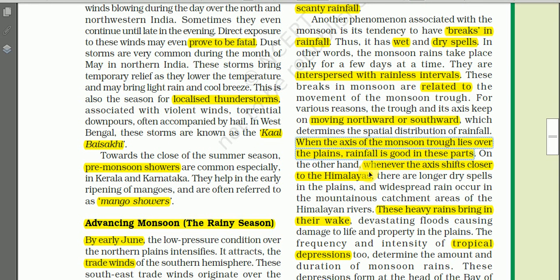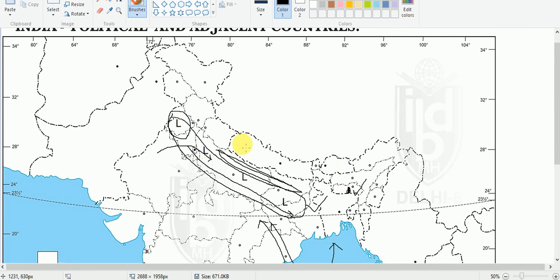On the other hand, whenever the axis shifts closer to the Himalayas, there are longer dry spells in the plain, and widespread rain occurs in the mountainous and catchment areas of the Himalayas. When the monsoon trough shifts here in the Himalayan mountains, there will be a dry spell here, no rainfall over the Ganga plain, but heavy rainfall over the Himalayan mountains.